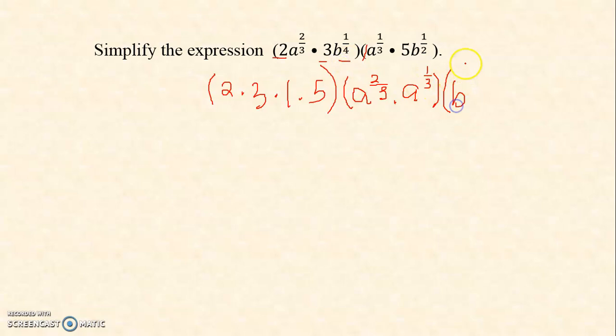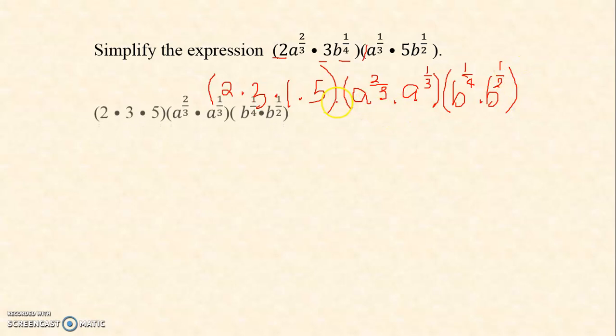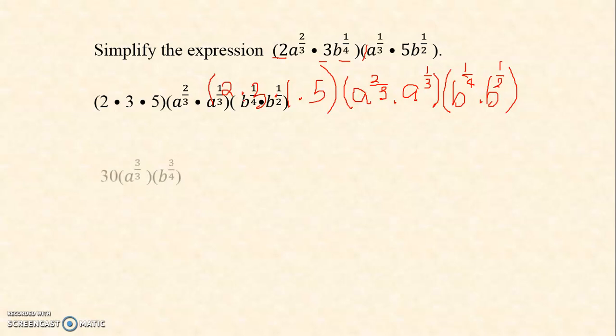What's the exponent? 1/4. Multiplied by b, the exponent is 1/2. Okay? So it's there already. So 2 times 3, that is 6, times 5, that is 30.